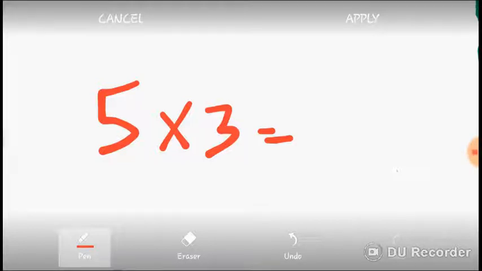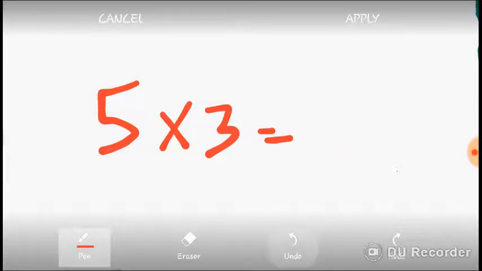Wait, we can simply think of it as repeated addition. So 5 into 3 is 3 plus 3 plus 3 plus 3 plus 3, which gives 15, or 5 plus 5 plus 5. 5 added to itself 3 times, or 3 added to itself 5 times. So that gives 15.